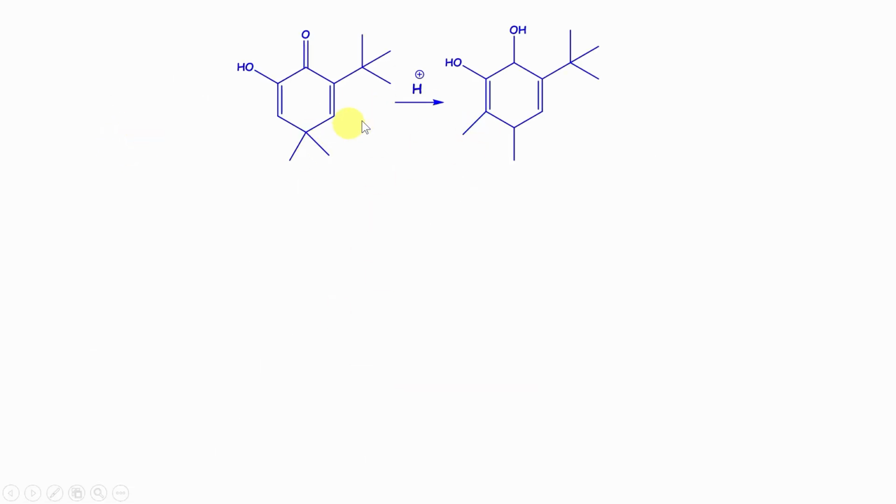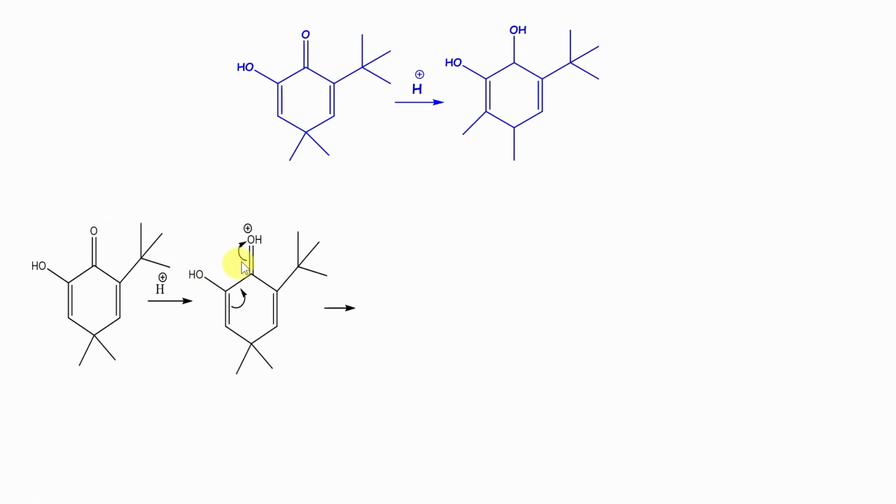This is another dienone-phenol rearrangement. This dienone reacts with acid. Rearrangement takes place to form this phenol. The mechanism of this reaction can be represented like this. As in the previous case, first of all, protonation of this dienone takes place to form protonated dienone, then shifting of pi electron towards oxygen, leading to the formation of a secondary carbocation.